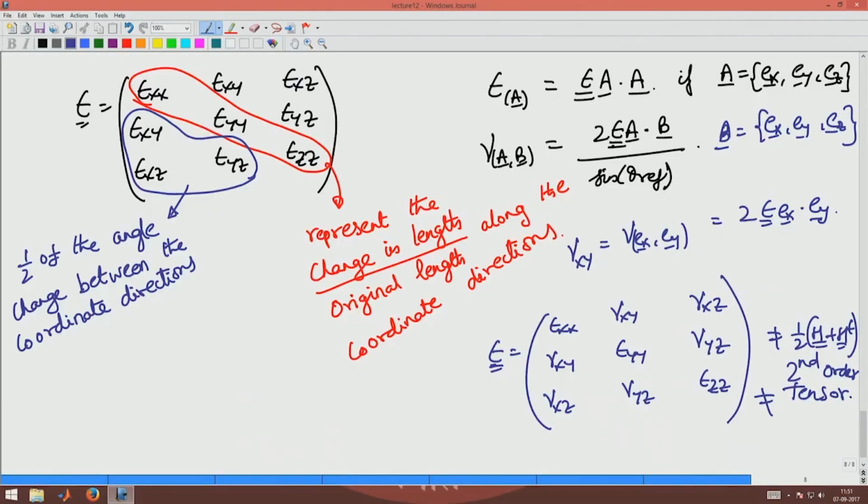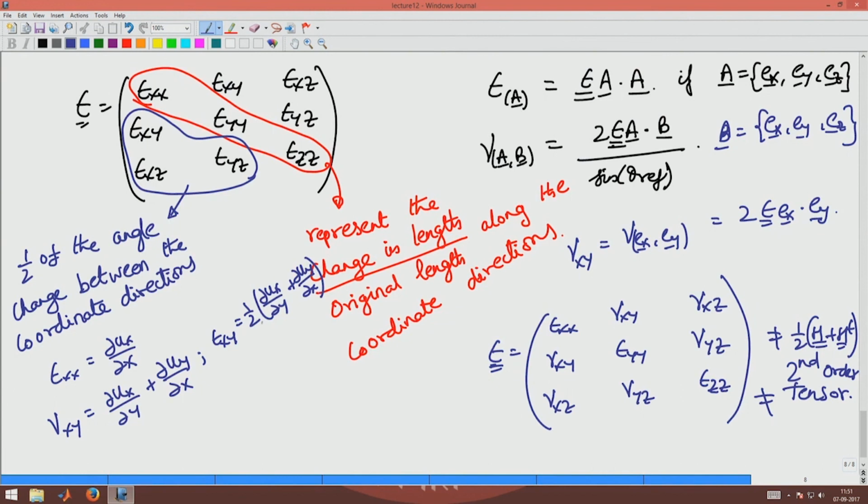and it has 1/2 of gradient of u plus gradient of u transpose. In particular, you will find that in this approach epsilon xx would be given as dou u x by dou x, just like what we got when we do half of H plus H transpose, but gamma xy would be dou u x by dou y plus dou u y by dou x, whereas epsilon xy would be 1/2 of dou u x by dou y plus dou u y by dou x.